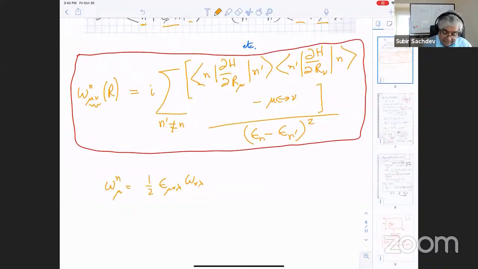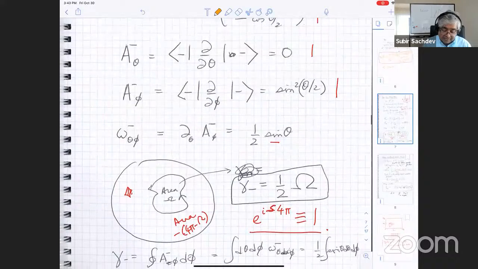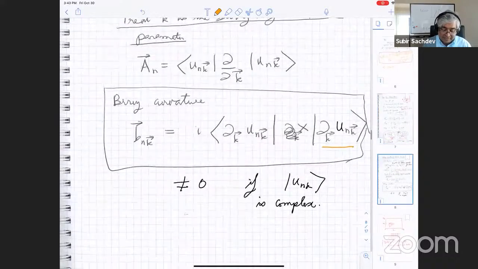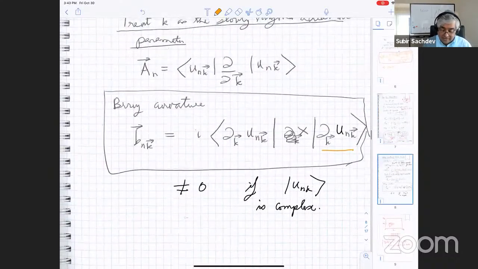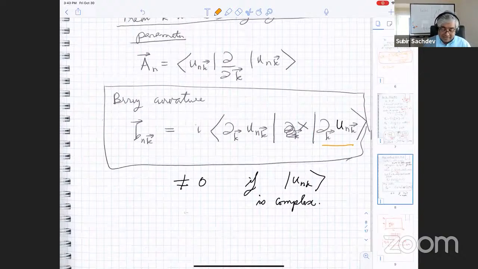Either is good enough, as you do in electromagnetism. And in 2 dimensions, you can replace it by a scalar. There's only one magnetic field, which is omega_xy. Initially, when you look at this, it looks like it has to be 0, but it's not, because this is a complex number. You have to take the real and imaginary parts, and then you can get a non-zero value for a complex vector crossed with itself.